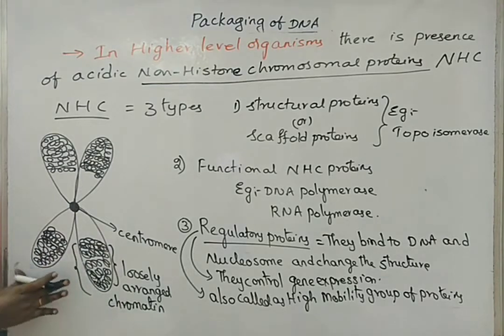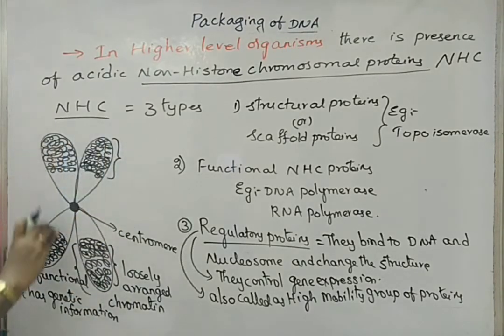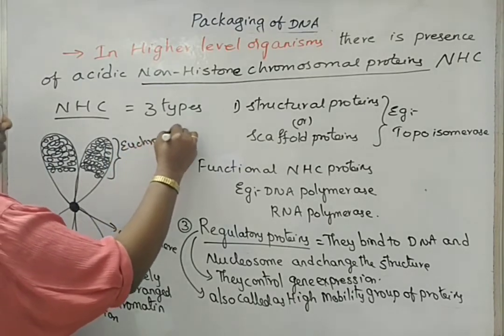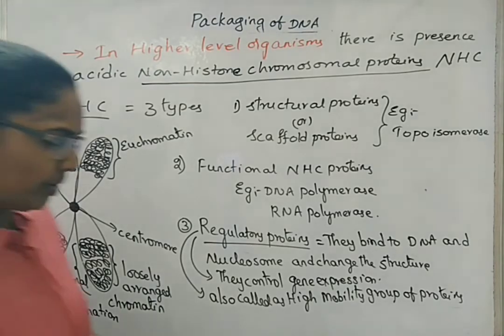It is functional and has genetic information. So this part, it can be this or this or this. This is called euchromatin. It is responsible for transcription and translation process and transfer of genetic information also.